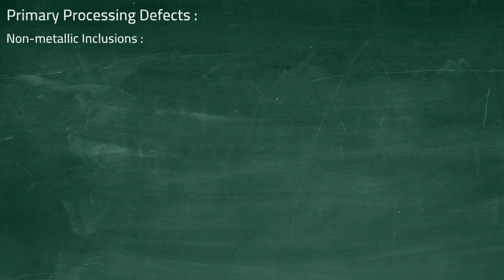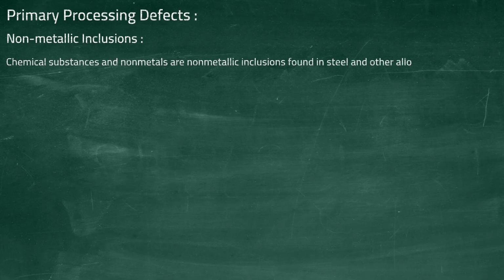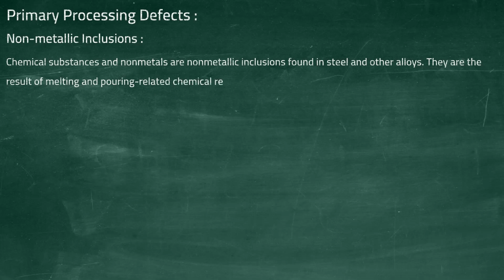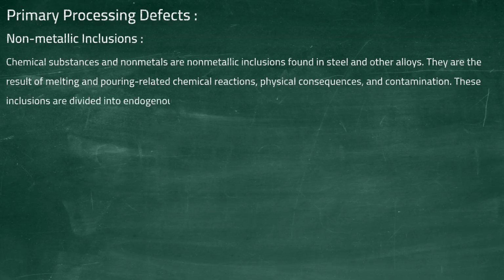Non-metallic infusions. Chemical substances and nonmetals are non-metallic infusions found in steel and other alloys. They are the result of melting and pouring related chemical reactions, physical consequences, and contamination. These infusions are divided into endogenous and exogenous groups based on their source.